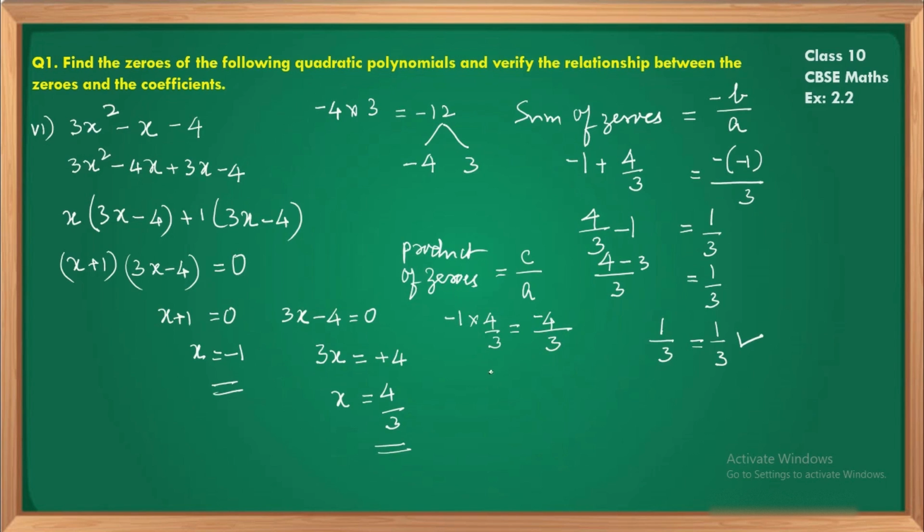When you simplify this, you get minus 4 upon 3. In the RHS, you get minus 4 by 3. LHS is equal to RHS. This is the second verification. We have completed all the questions of question number 1 in exercise 2.2.